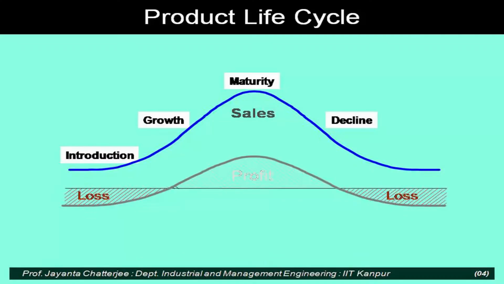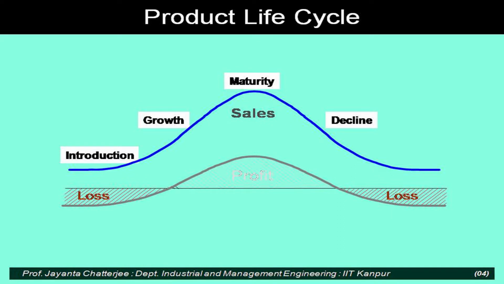Which means a real positive accumulation of profit only happens when you are able to reach the growth stage and maturity stage, which means that your style flexibility in communication matters.